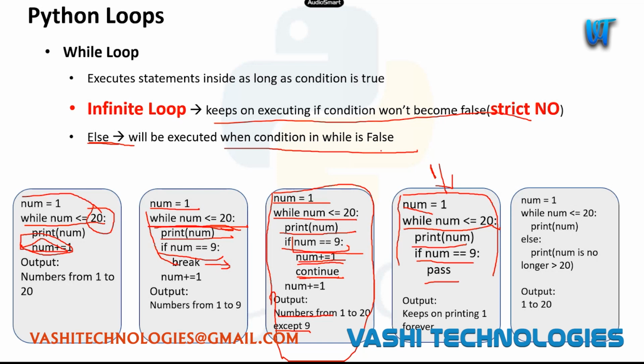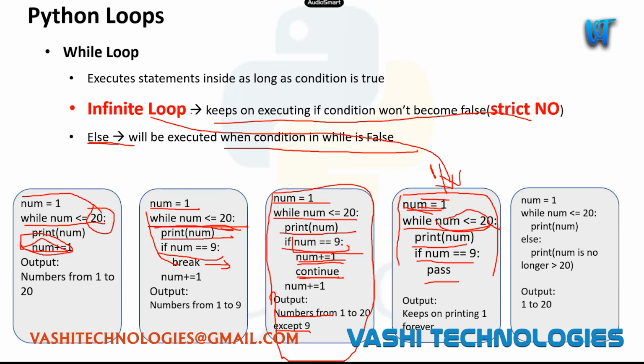It will enter into an infinite loop because we are not making any changes to this number. We just initialize number, make some comparison and print. So number is equal to 1 forever and this condition also will be true forever. So it will keep on executing.